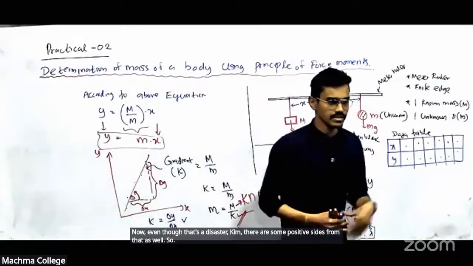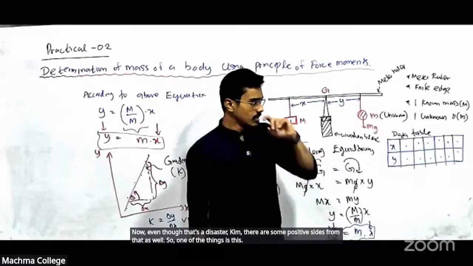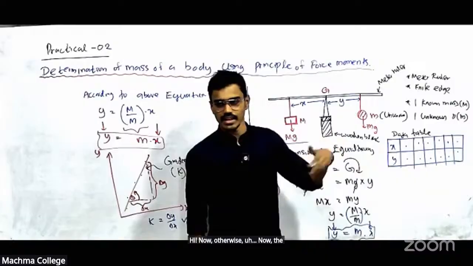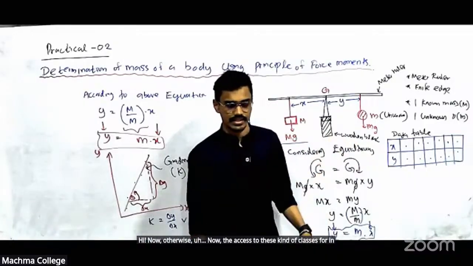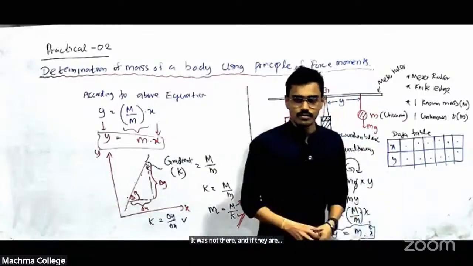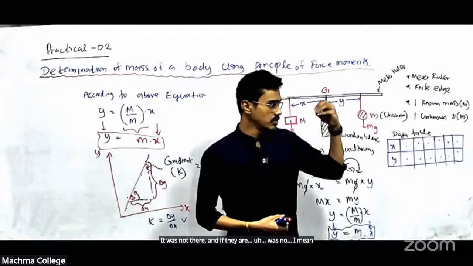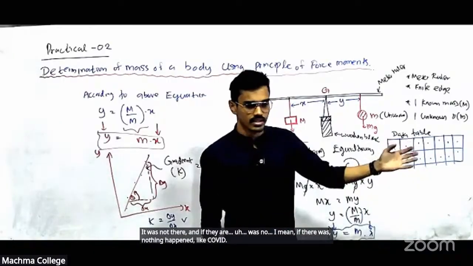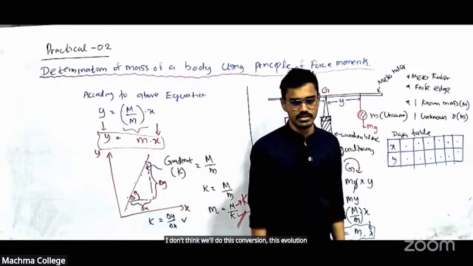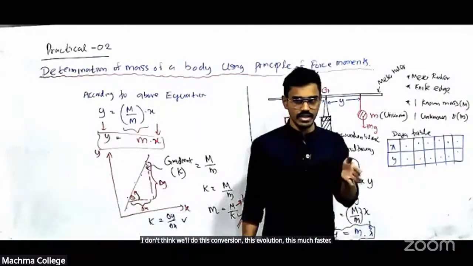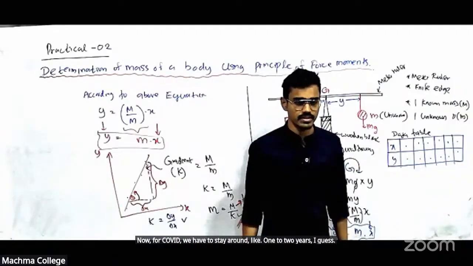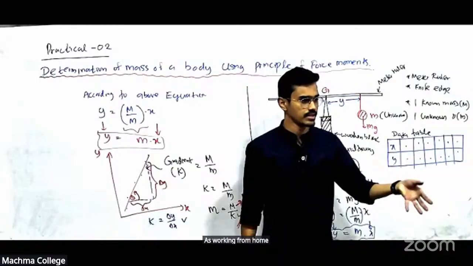So one of the things is this, right? Otherwise, access to these kinds of classes for any student was not there. If nothing like COVID had happened, I don't think we would have done this conversion, this evolution, this much faster. For COVID, we had to stay around 1 to 1.5 years working from home, inside home.